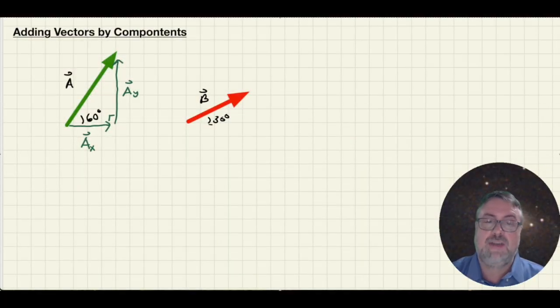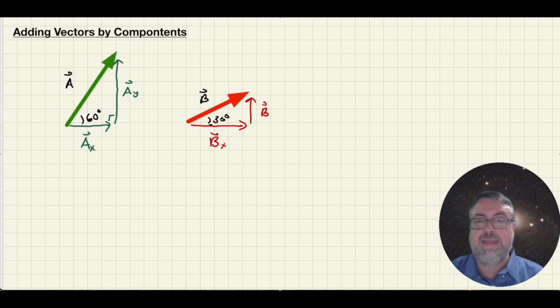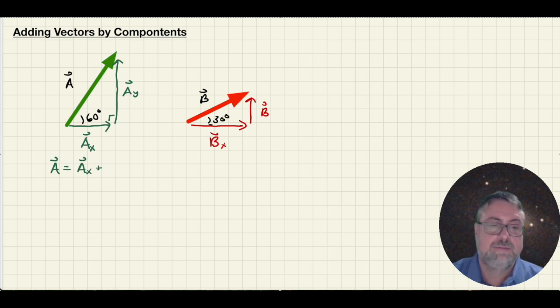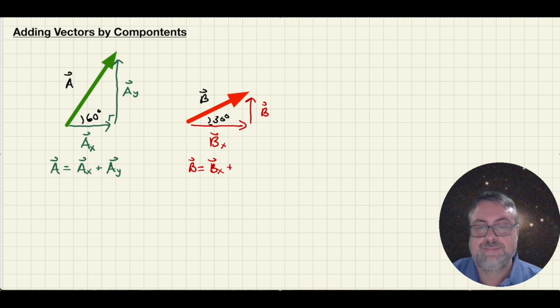I can do the same thing for vector B. I can pretend that vector B is made up of some vector BX, then some vector BY that together add up to vector B. So what I would be saying is that vector A is equal to the sum of the vectors AX plus AY, and vector B is the sum of vector BX plus BY.